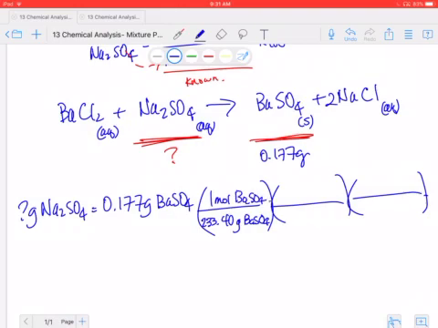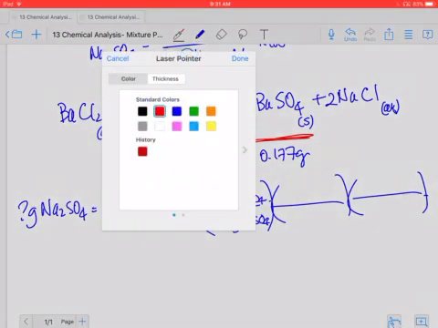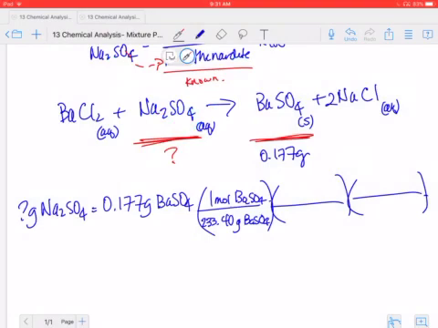Then we do our mole to mole ratio. So up here in our formula or our balanced equation, we can see that there's a 1-to-1 ratio of these guys. So we have 1 mole Na2SO4 for every mole of barium sulfate. And then our last one is our molar mass of the sodium sulfate.